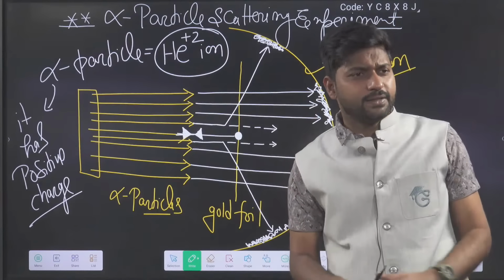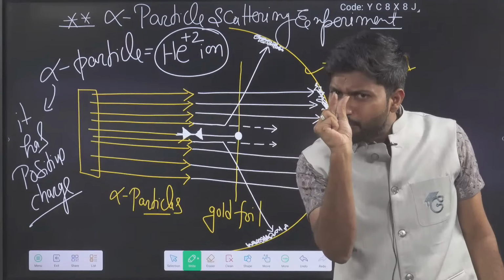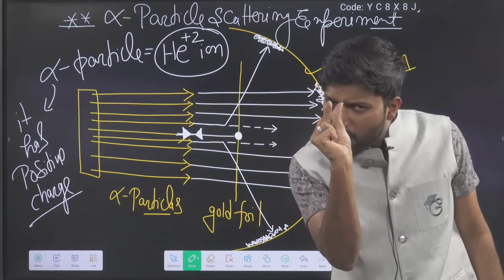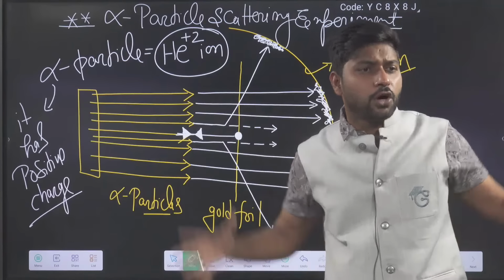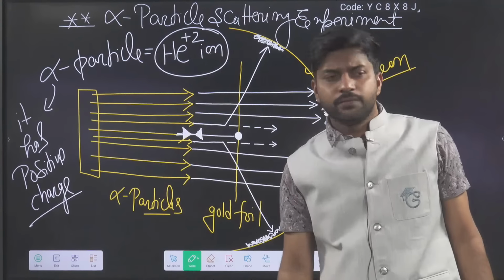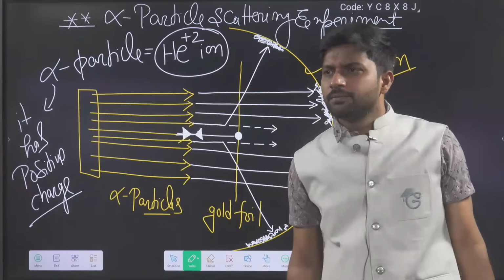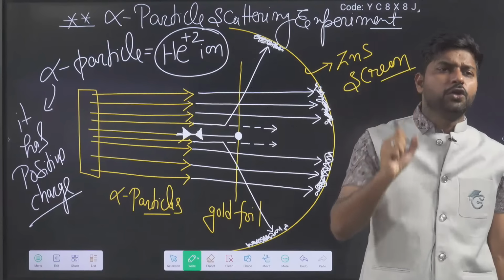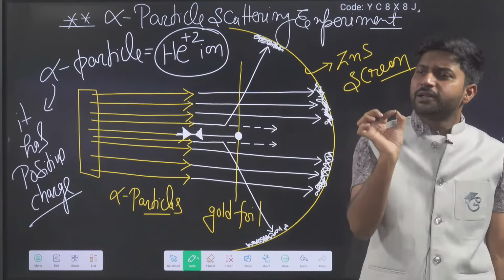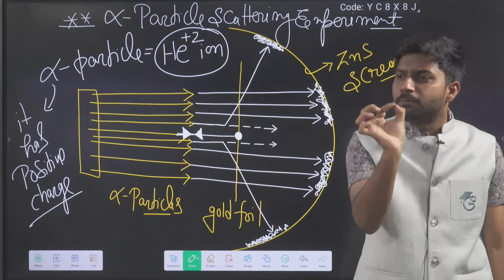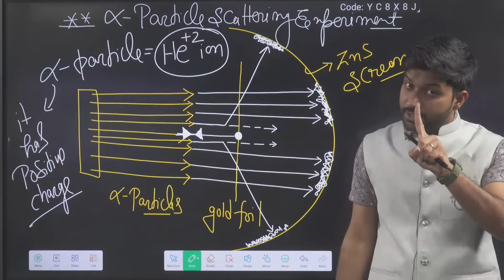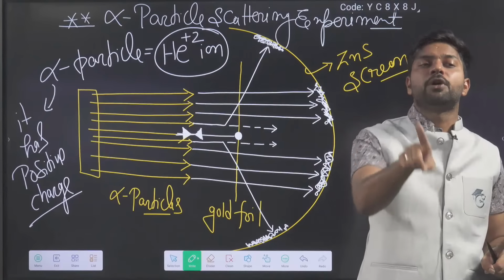First, that the positive part is present in a very small volume, not huge. It is a very small area, or you can say volume, where that small positive charge is. That is the first point, and the second point is more important than the first.